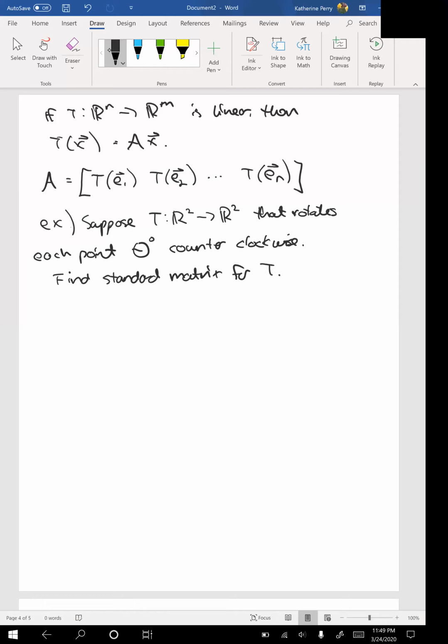All right, and if you'd like, pause the video here and see if you can at least draw a picture to visualize what's going on. And then we'll come back and do that together. Okay, so let me draw a plane first. This is R2, with my x-axis and my y-axis.